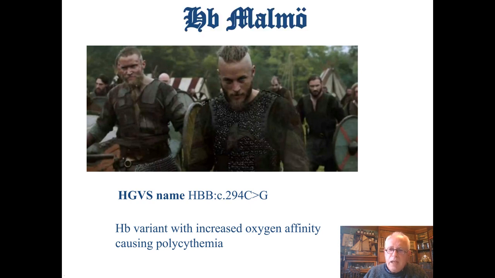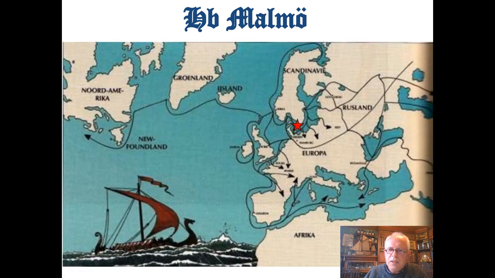However, this hemoglobin Malmö also has a disadvantage, and that is that carriers often experience headaches, and bleeding is helping just to reduce the packed cell volume. Now, hemoglobin Malmö was first described in the Swedish family, but it was also found in the Netherlands, also in England from a Saxon family, and from a French family coming from Brittany.